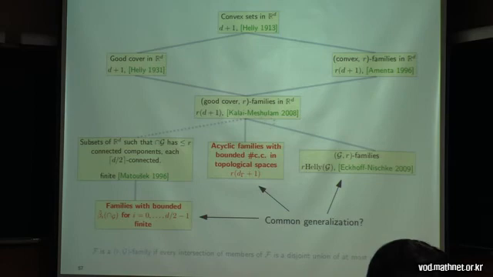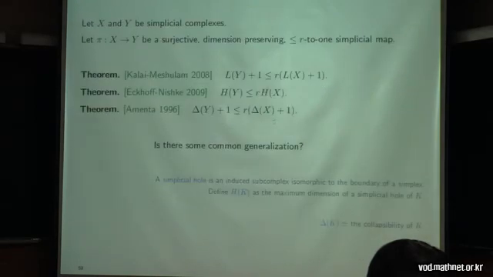When you read them a bit more carefully, you realize that you can take each of their proofs and use them to prove something that seems very similar in the three cases. In all three cases, you can show that when you take two simplicial complexes X and Y and a map that is surjective, dimension preserving, and with bounded fibers, so each fiber has size at most R, then these maps transport something.